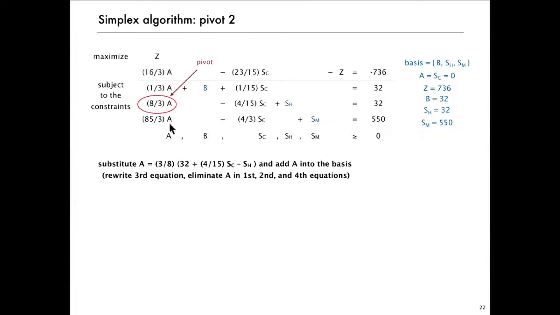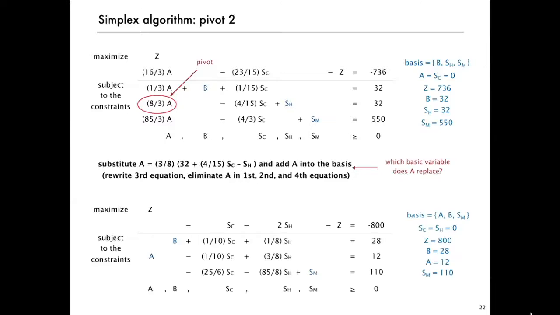Substitute that into everything, and that's going to eliminate A everywhere else. Since we're substituting for A, it comes out of the basis in the objective function, and something else will go in, and again, think about what it is that goes in. And then we wind up in this situation here.